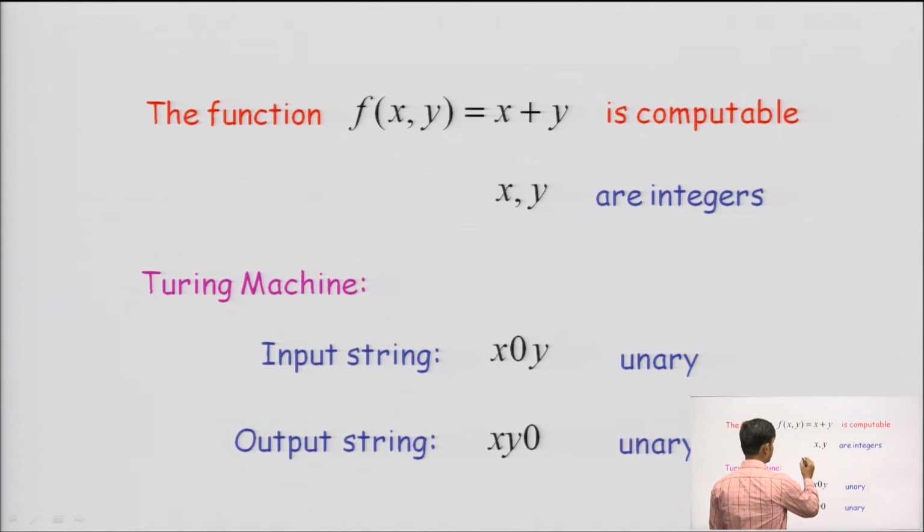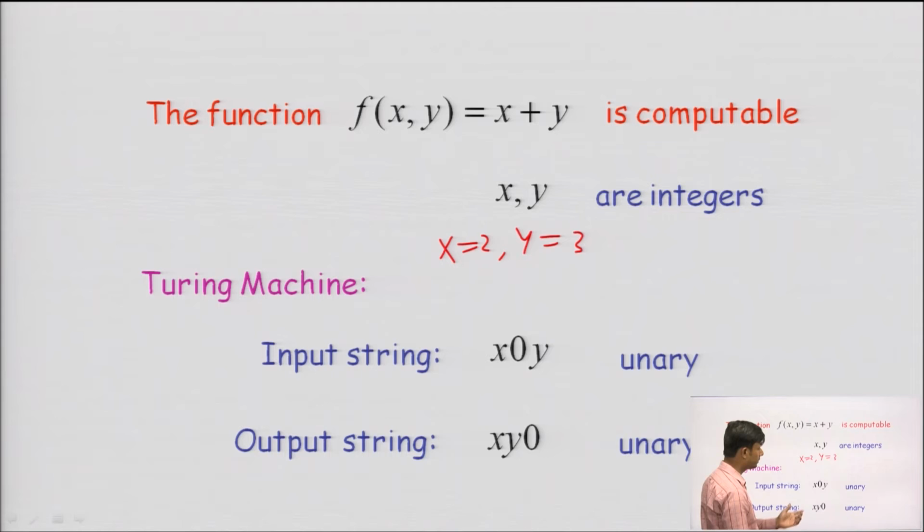Suppose here x is 2 and y is 3. The output will be x y 0. This 0 you move to one side, add these two numbers and put them on one side.